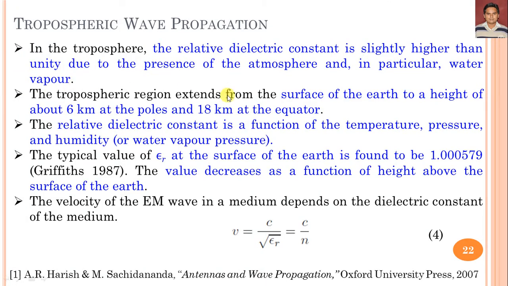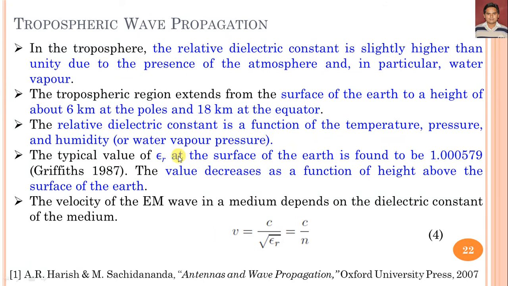So epsilon is slightly more than 1. The tropospheric region is defined from the surface of the earth to a height of about 6 km at the poles and 18 km at the equator. The relative dielectric constant epsilon r is a function of temperature, pressure and humidity or water vapor pressure.